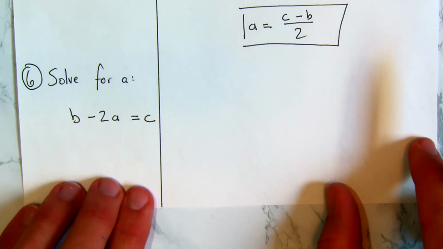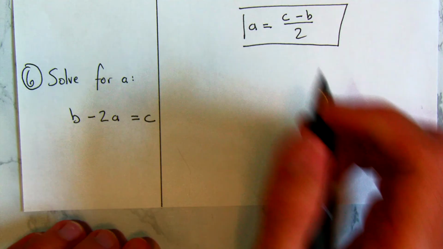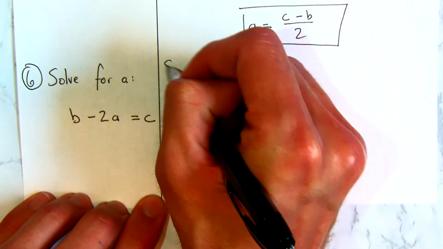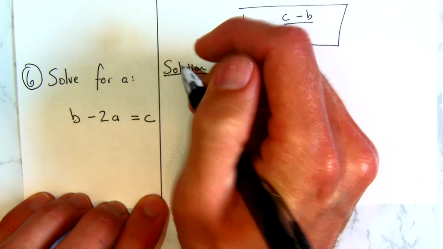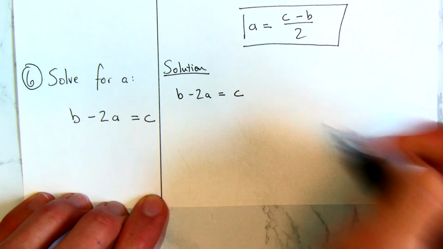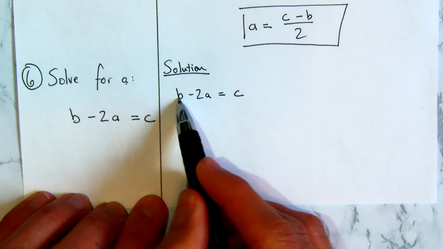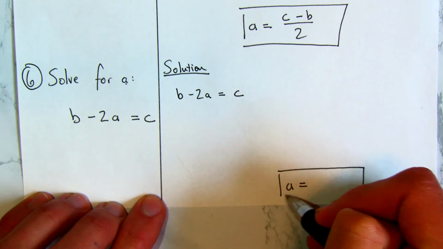Number 6, solve for a: b minus 2a equals c. Since we're solving for a, we'll start here and we'll finish. Our answer will be a equals something.